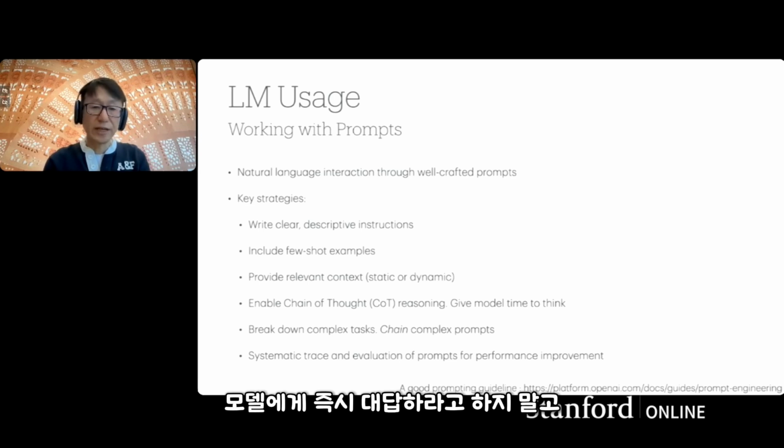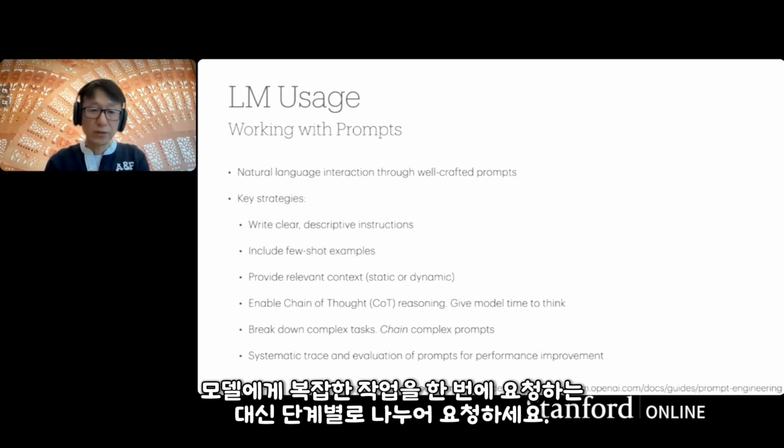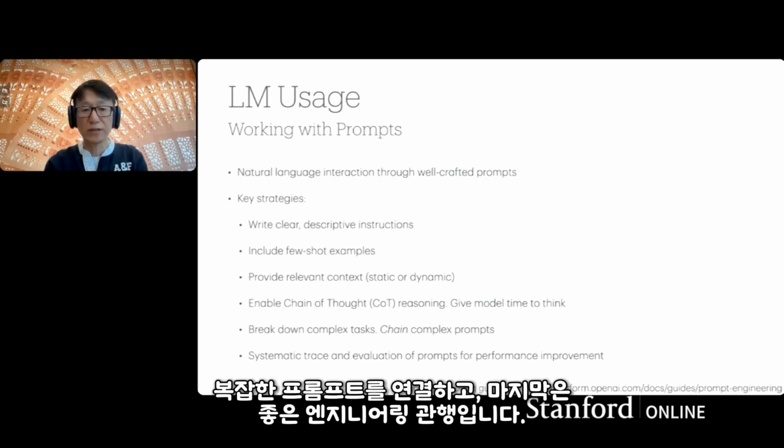And instead of just asking the model to answer right away, you could give the model time to think about it, such as enabling reasoning, or using the chain of thought or CoT method. And the next one is, instead of asking the model really complex tasks, you could break them down and then ask them in a chain in sequence. Also chain the complex prompts.